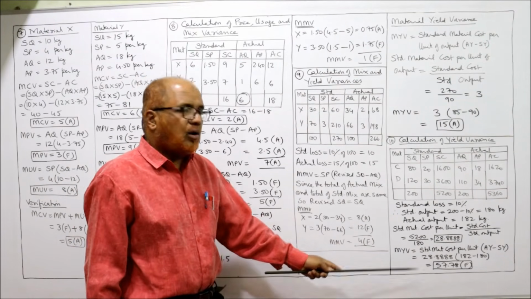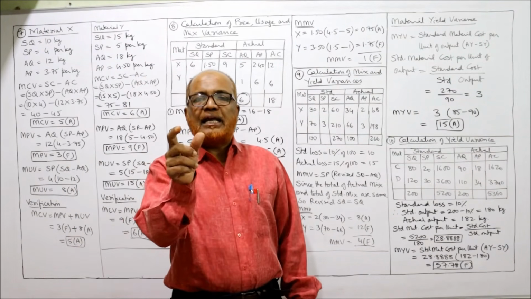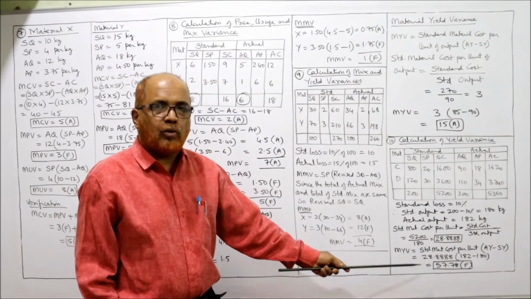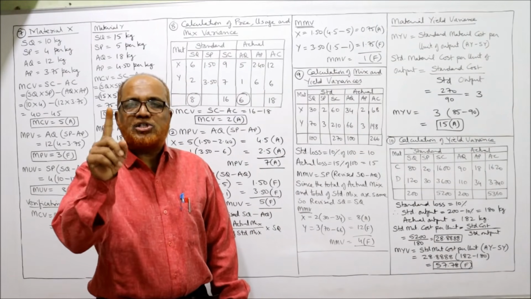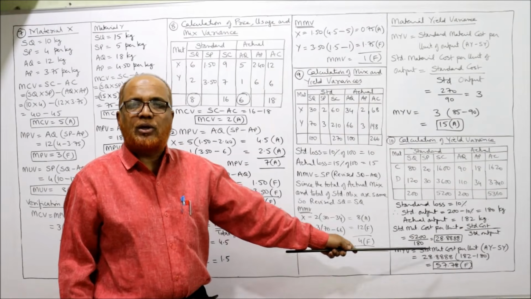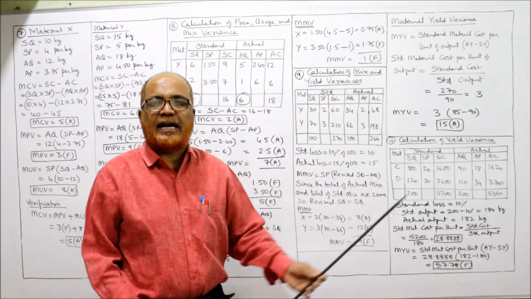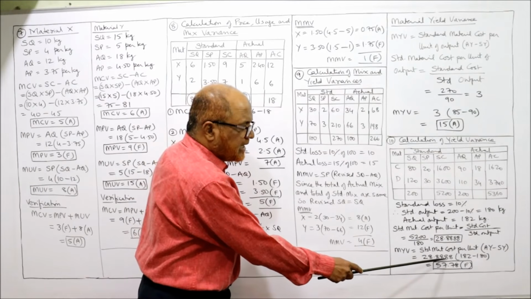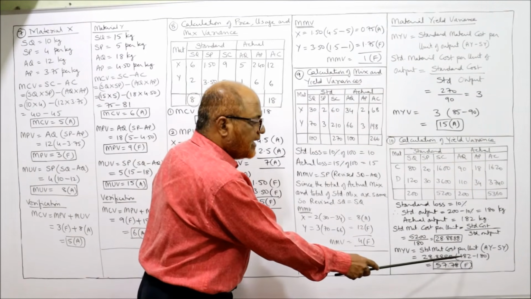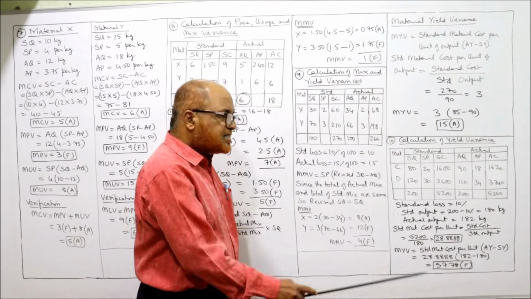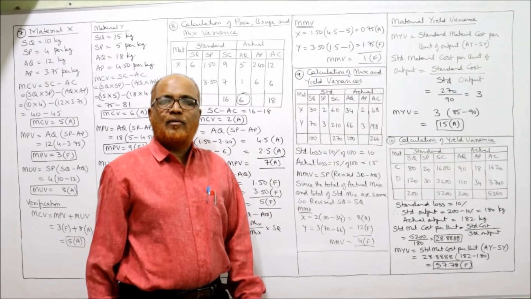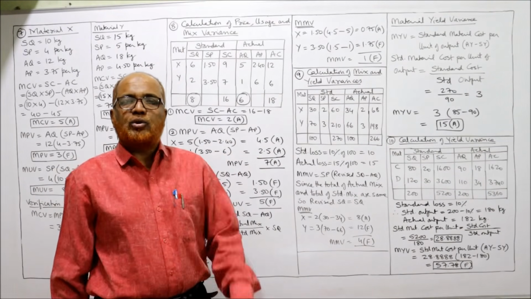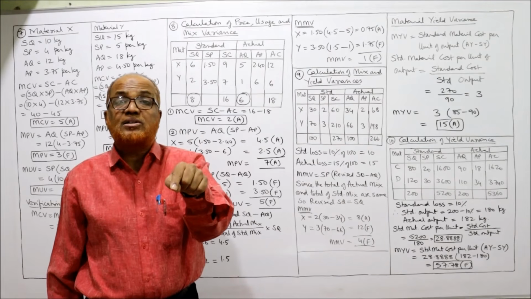Now MYV, material yield variance, is equal to standard material cost per unit of output into actual yield minus standard yield. So standard material cost, how much we got? 28.8888. Actual yield is 182 and standard yield is 180. 182 minus 180. So in the bracket you are getting a positive value.